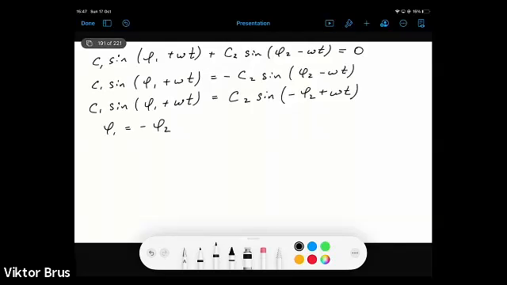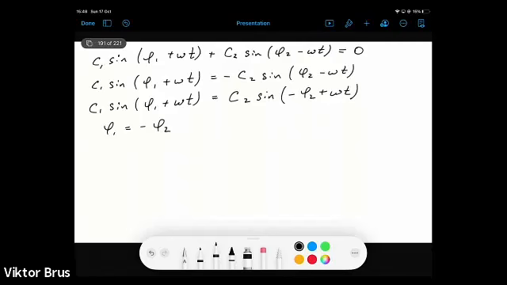Then left and right side of this equation will be equal to each other. And as a consequence, our imaginary component will be equal to 0. Means we will have a solution of our complex function which will give us only a real component. And that is what has physical meaning.